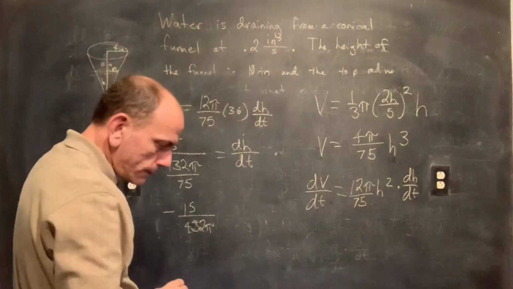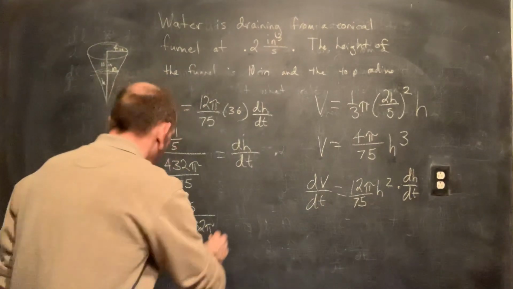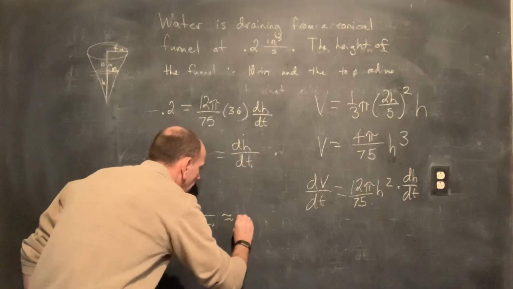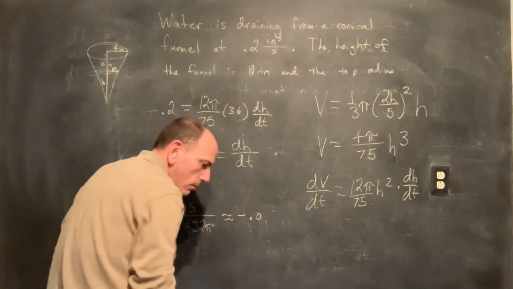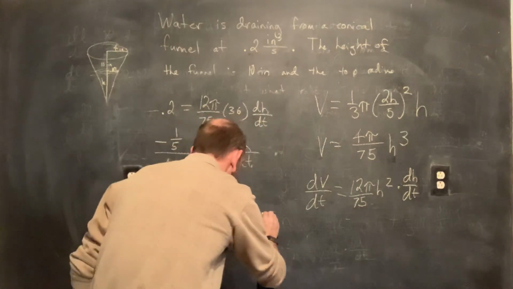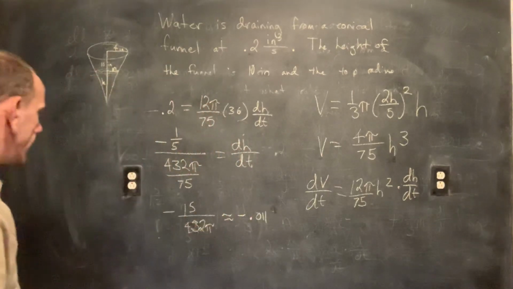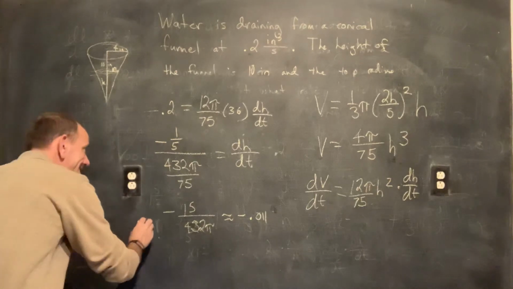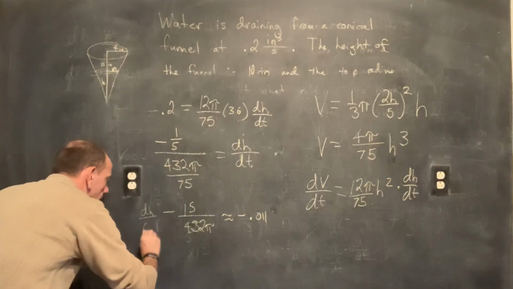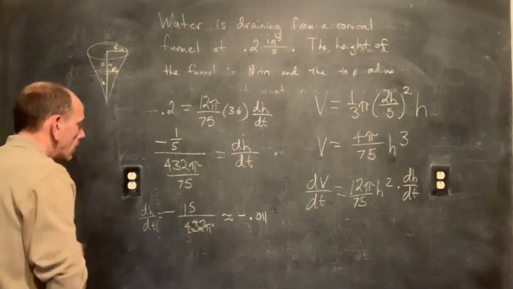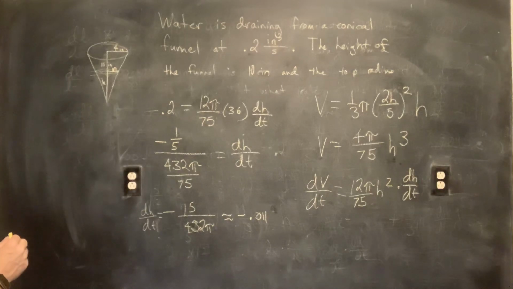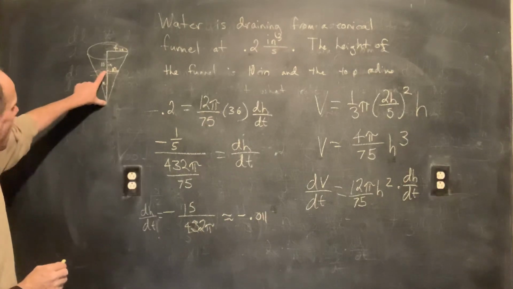Which is approximately negative 0.011. And now let's think. This is dh dt. So that's a change in the height.